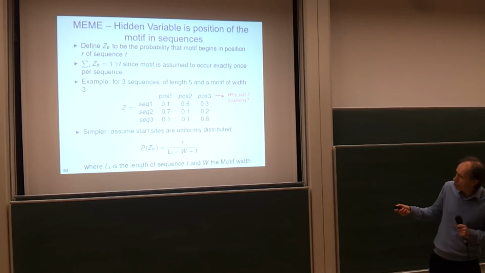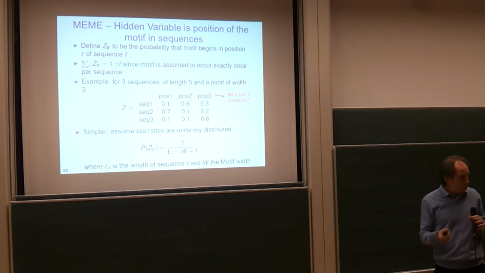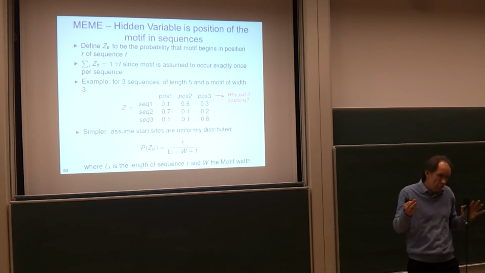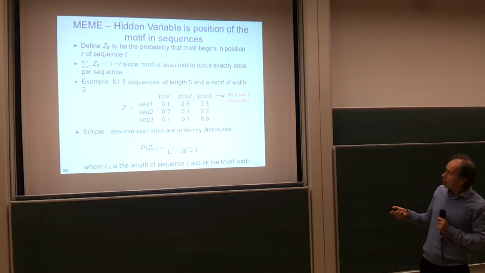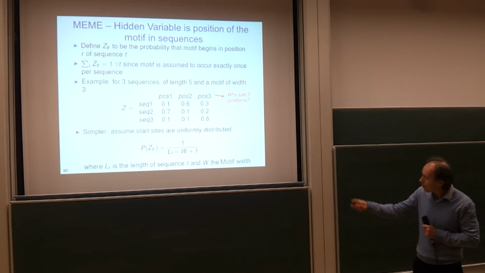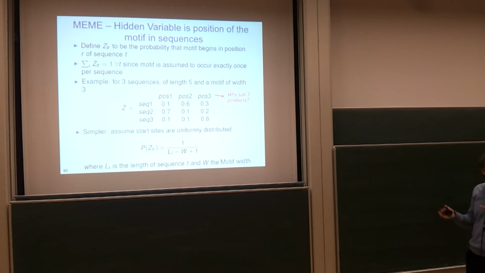If you don't know anything, you have not built these numbers yet, what could you do? You could start by saying, okay, I don't know anything, so the probabilities for each start site should be equal. In this example, 1/3, so 0.33 for each position, as a prior. Could be done.